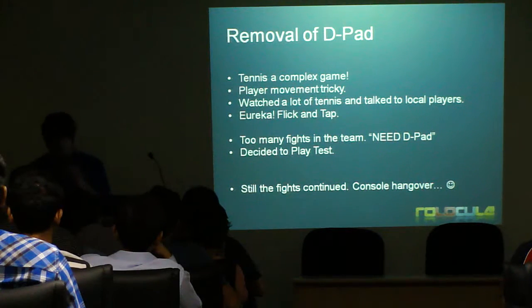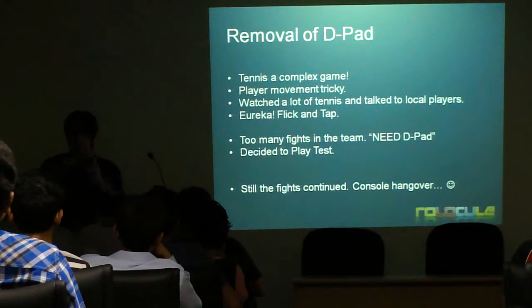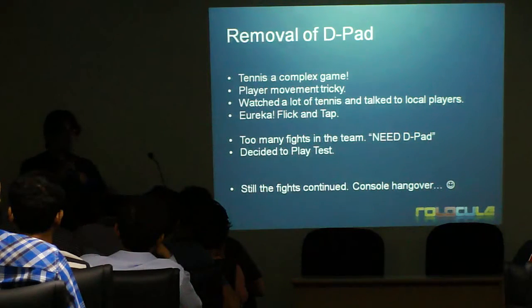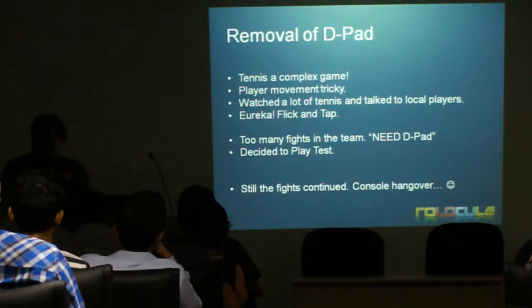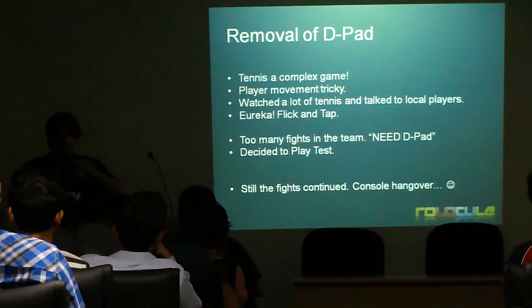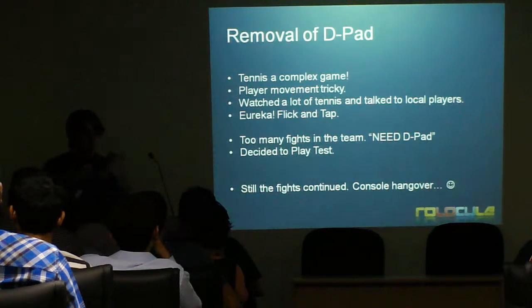Even if it might be a slow run, there will be an attempt to reach the ball, right? So that was the thing that struck us, that there will always be a subconscious approach by the player to reach the ball. But apart from that, when he has hit the ball, he will strategize as to where his position in the court would be to receive the next ball, right?